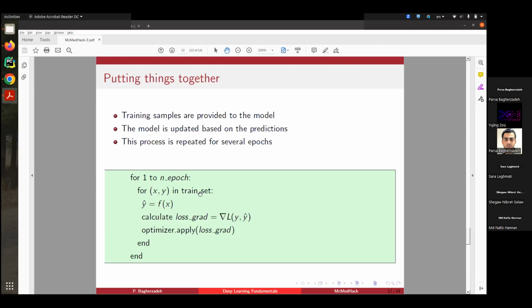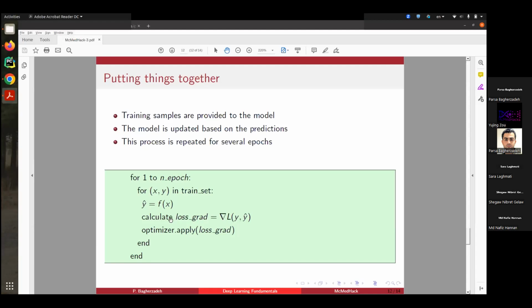You are going over your training set one by one. You give your input sample to your network, which I'm abstracting here by f of x. It can be a multi-layer network with different nonlinearities and so forth. It gives you a prediction. You calculate the loss value and the gradient of the loss.